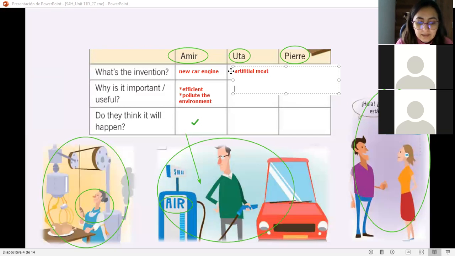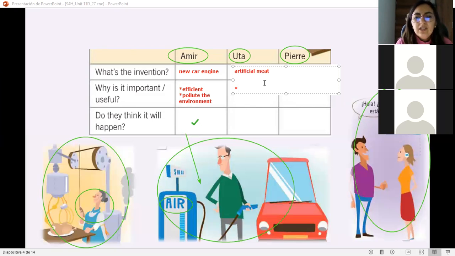Why do you think this is important? ¿Por qué será importante este invento? What did the lady on the record say about this?